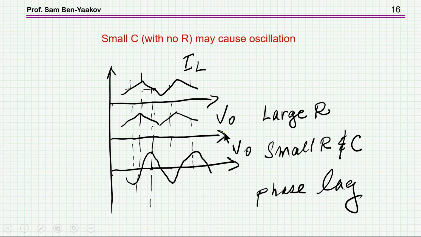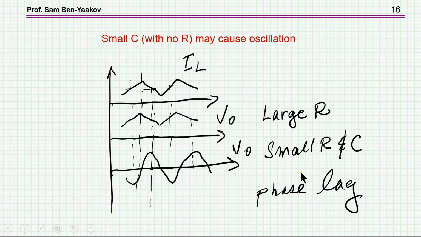It is important to realize that you cannot use a small capacitor for the ripple, and the reason is the following. If you have a large resistor, one way or the other, or inject a ripple through some auxiliary circuitry, you have the ripple synchronized to the current and therefore synchronized to the pulses coming in.